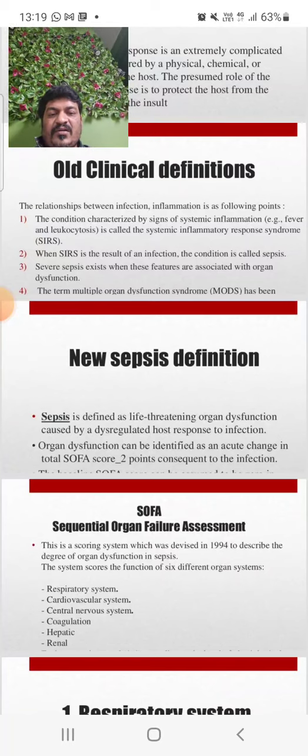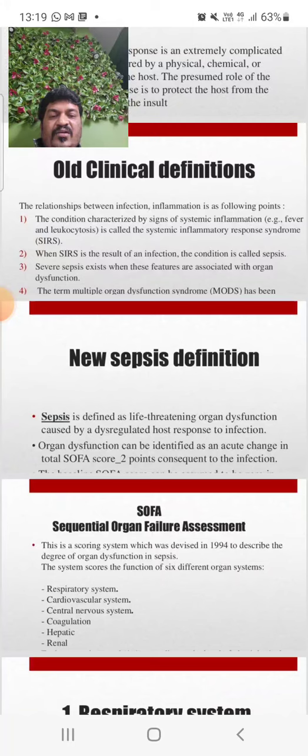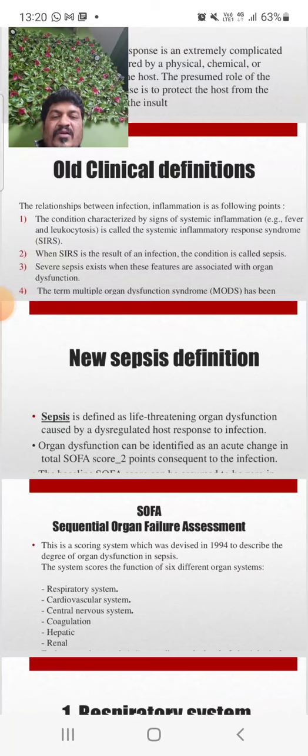What is SOFA? Sequential Organ Failure Assessment. This is a scoring system which was devised in 1994 to describe the degree of organ dysfunction in sepsis. The system scores the function of 6 different organ systems.